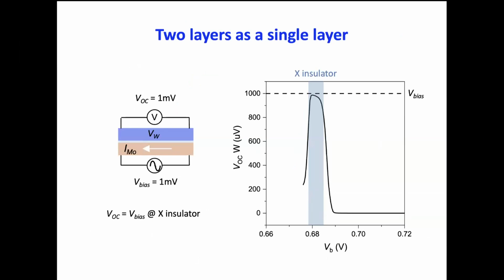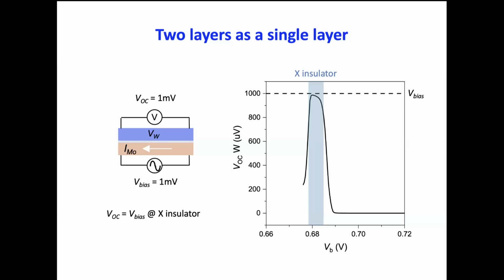Another interesting thing you can do is an open circuit measurement. You do an open circuit in the hole layer. In that case, because of the bound excitons, you are not really able to drive a current in the electron layer in the excitonic insulator phase, because the hole current is not allowed to flow in this open circuit setting. So in this setting, we bias a voltage in the electron layer by 1 millivolt AC bias.